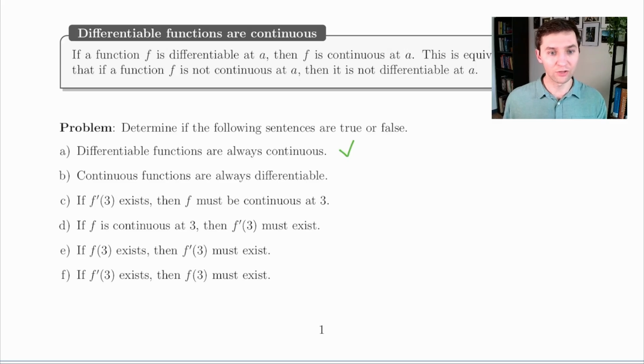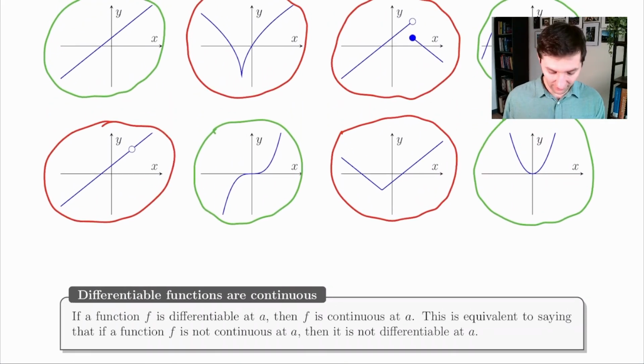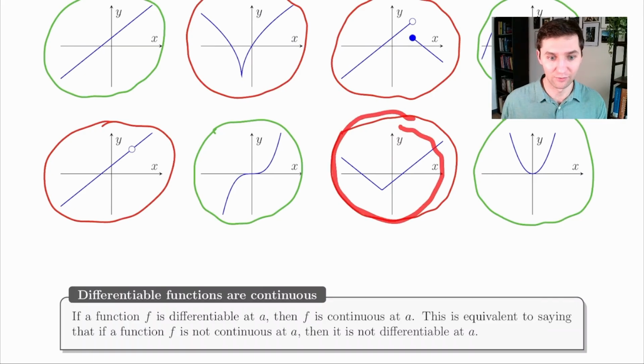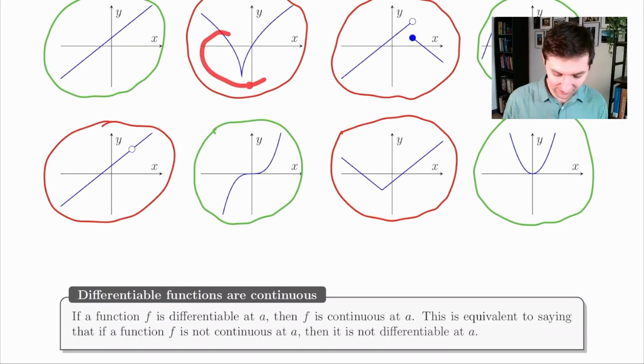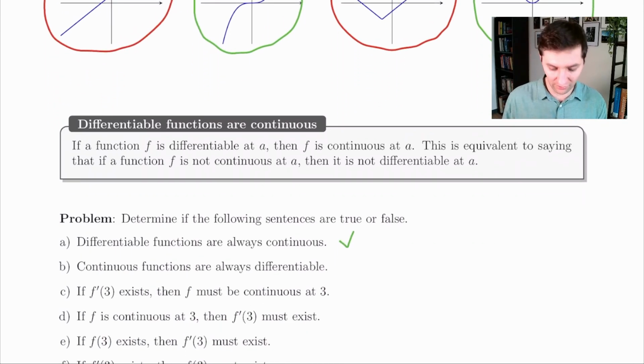Now, are continuous functions always differentiable? I believe that is not true. If you take a look at some examples above, we had a continuous function that was not differentiable. So just because a function is continuous doesn't mean it has to be differentiable. The second statement is false.